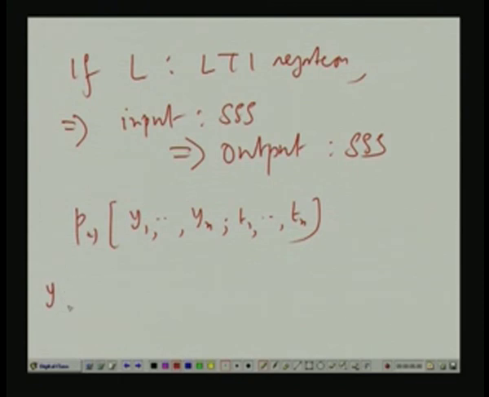You remember, yk is equivalent to y of tk, which is equal to L of x tk. Suppose you have some value of this joint density. Now, instead of t1 to tn, suppose I give a shift plus C. That means at that time yk will be L of x tk plus C.